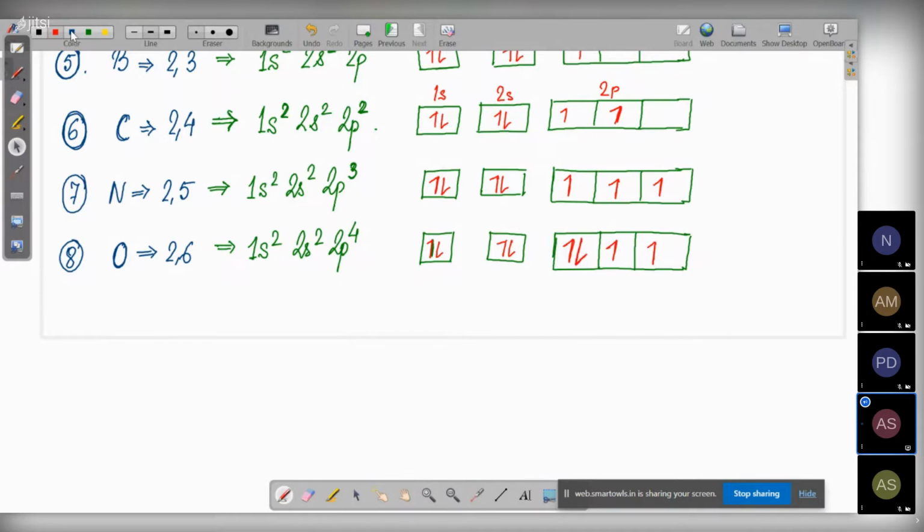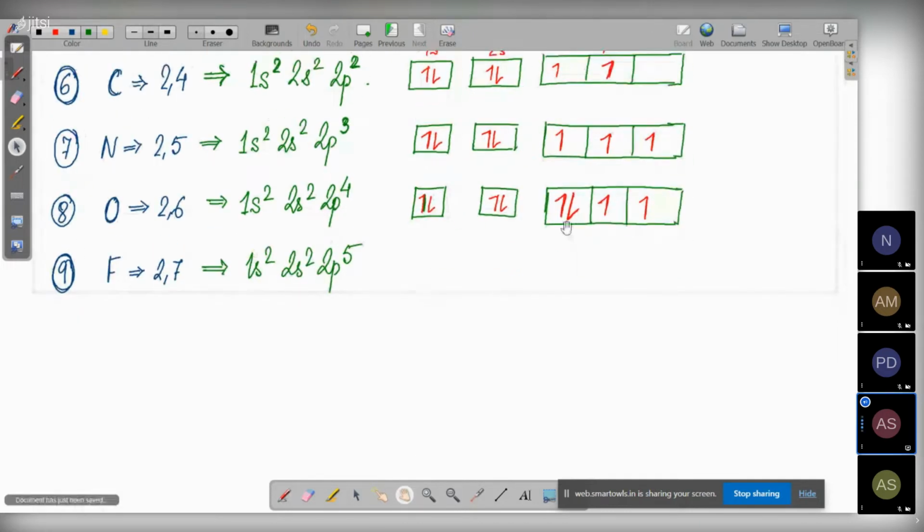Now let's draw number 9, which is fluorine, which you used to write as 2,7. That is 1s2, 2s2, 2p5. I'm not drawing the box diagram because it's similar: another electron gets added to the 2p orbital, and other than that the box diagram is completely similar to that of oxygen.